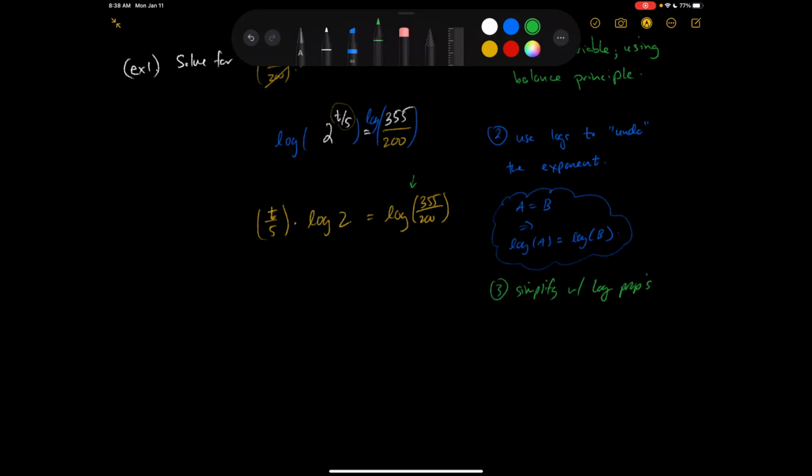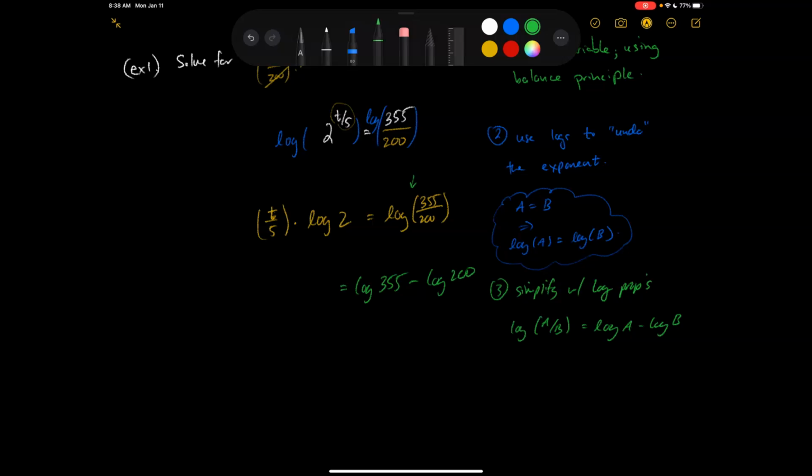This one over here, I have a quotient inside, so I'm going to use that log a over b is equal to log a minus log b. This is the analog for the quotient rule with exponents, right? That we take the difference of the two exponents. So here we get log 355 minus log 200.